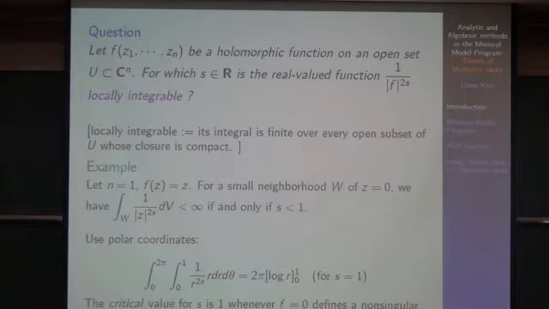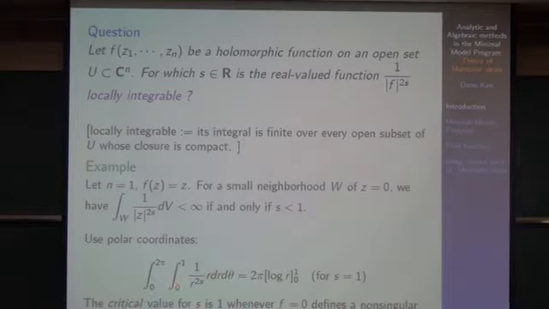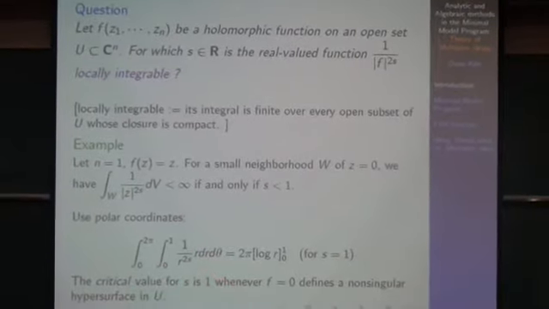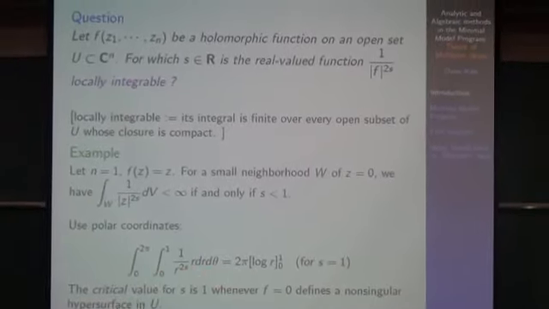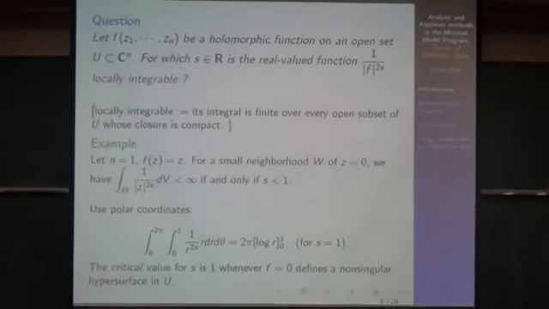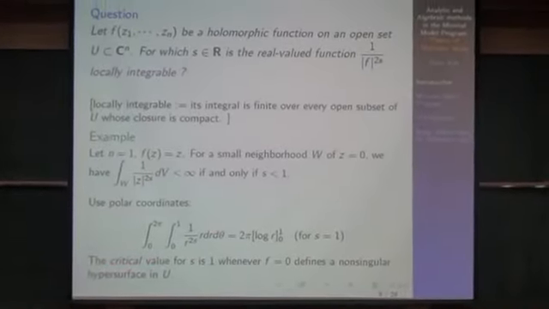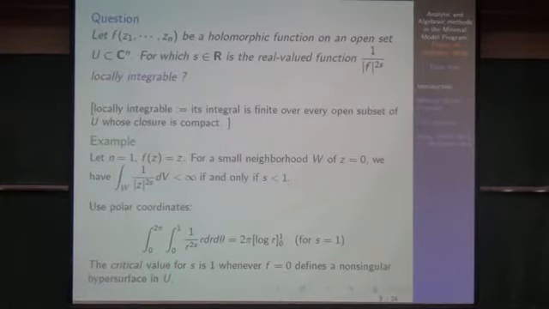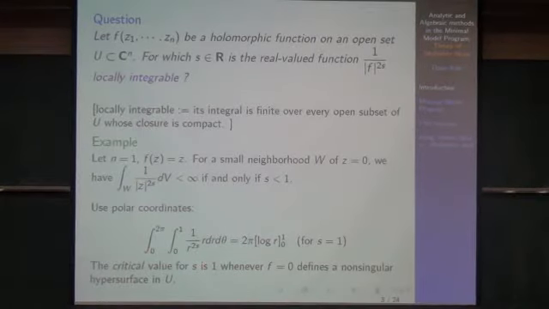So there is this one value of s where finite becomes infinite. So there's sort of a critical value for this finiteness of this integral. When s is less than 1, it's finite, but when s is 1 or above, then it becomes infinite.